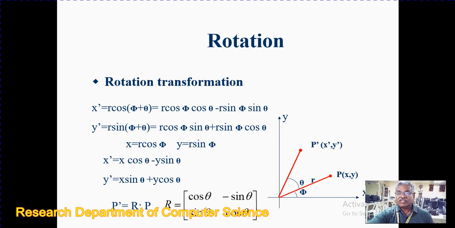So when you see the original picture, p of x comma y will be rotated to a new point called p dash, having angle of displacement theta. The original angle is phi, so phi plus theta will be added, and we get new values, and the new values are posted as a matrix: cos theta, minus sin theta, and sin theta, cos theta.